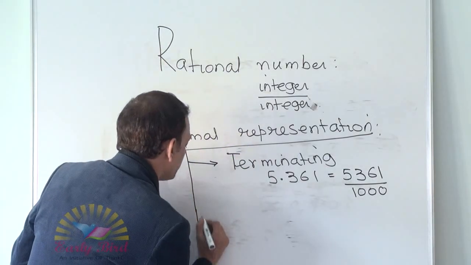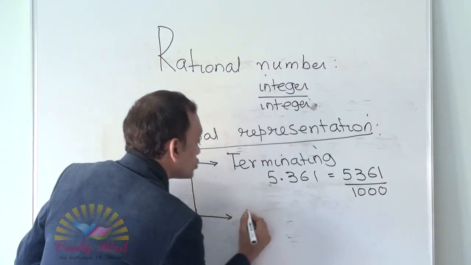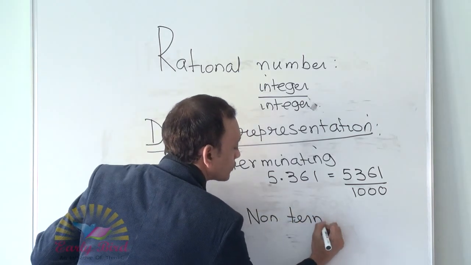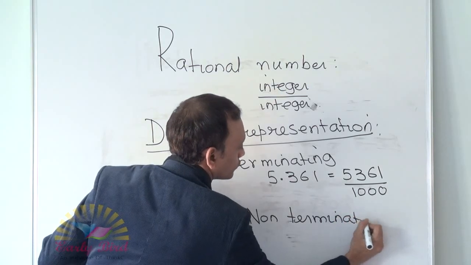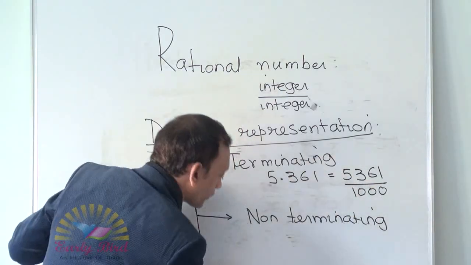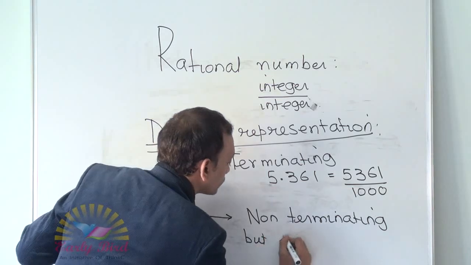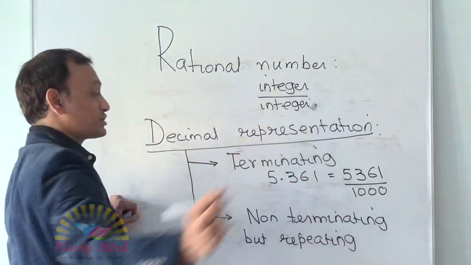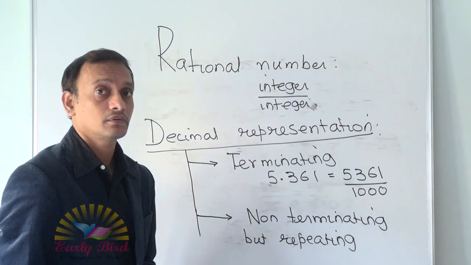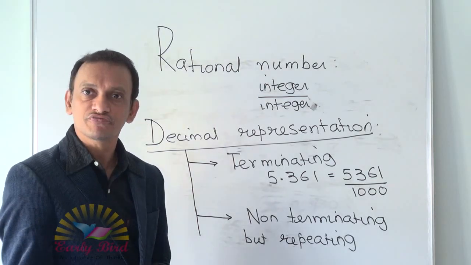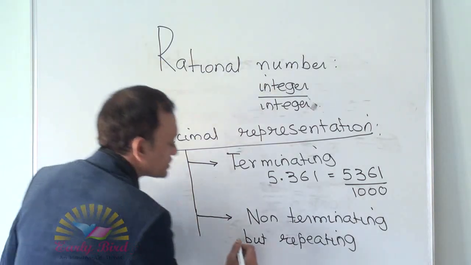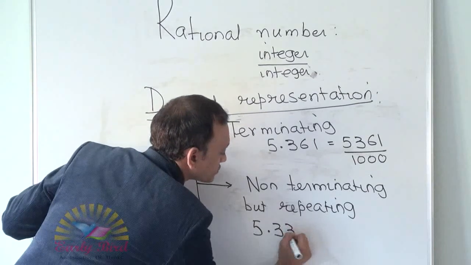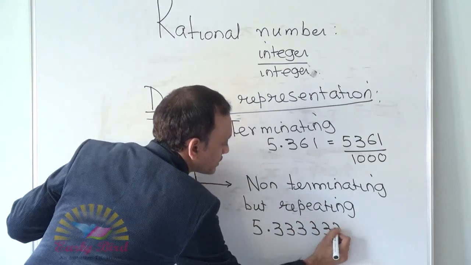And then there could be what's called a non-terminating but repeating representation of a rational number, which is like, for example, 5.33333333.